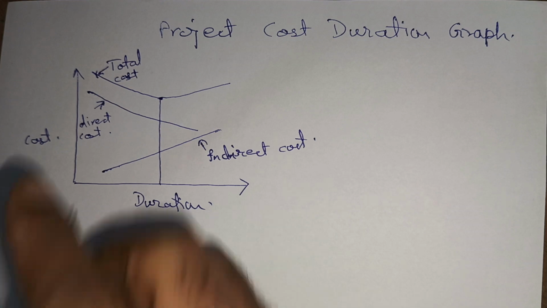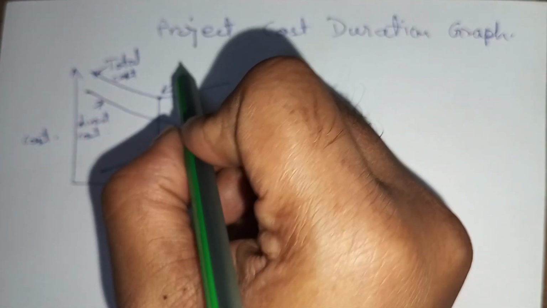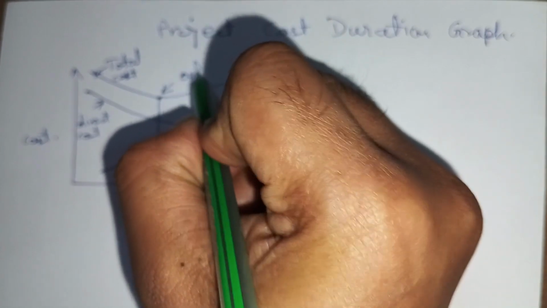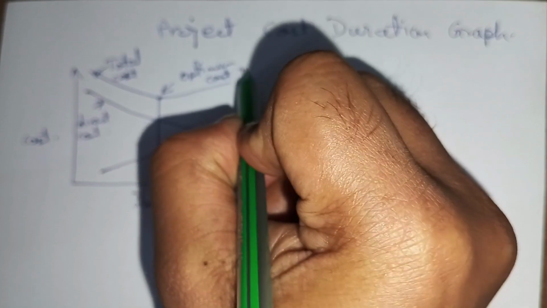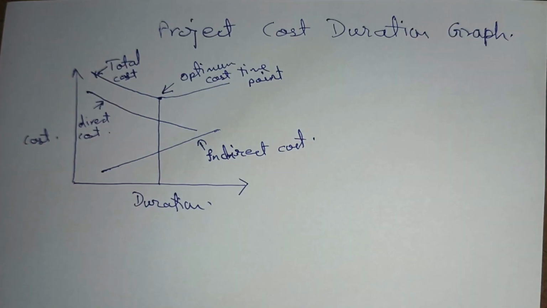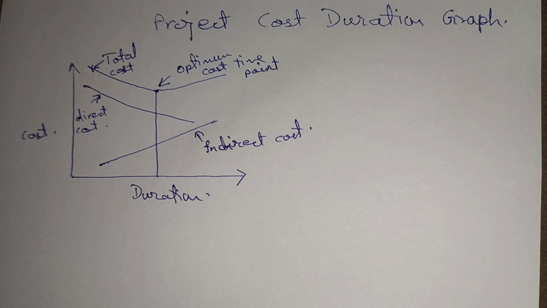This is called your optimum cost time point. So remember this graph whenever you do any costing related numericals for your project management.